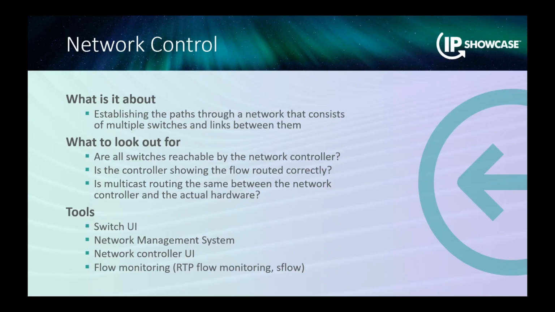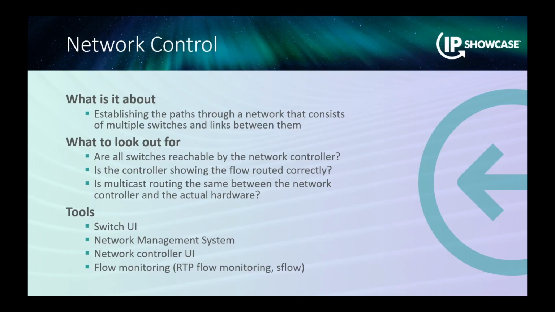Usually it tells you if it can reach the different devices. Then the most common question is, is the controller showing the flow routed correctly? Most of the controllers give you a map or something where you can see where each flow is going.